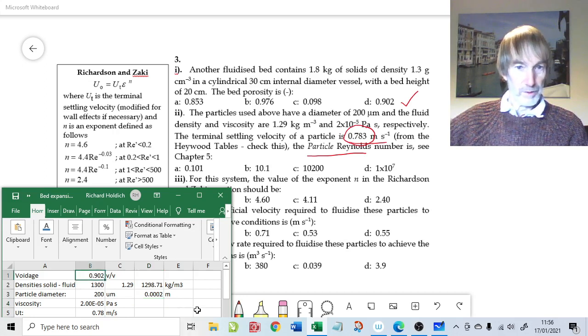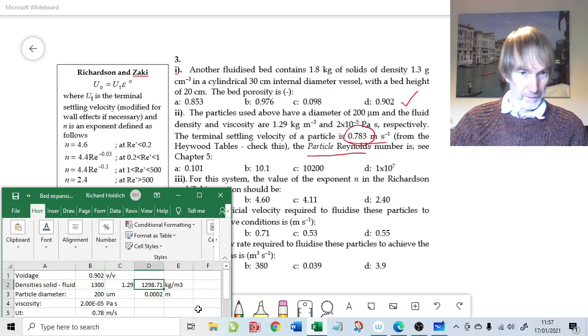There we have the voidage put in. Here we have the density of the solid, density of the fluid, and the density difference. Here we have the particle diameter converted to SI units. Here is the viscosity, and here is the terminal settling velocity. To two significant figures, it's 0.78 either way, whether it's a 1 or a 3 afterwards.